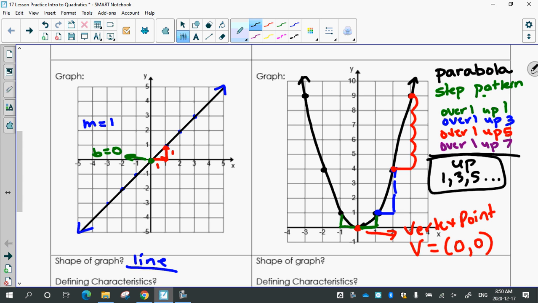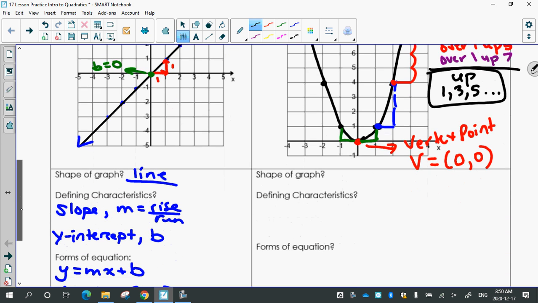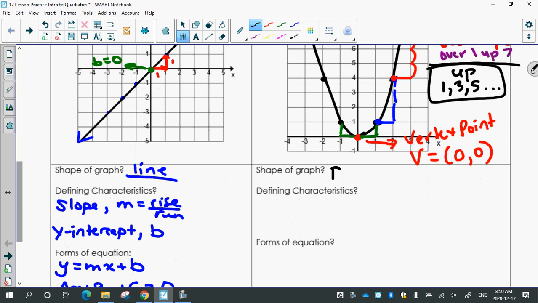So the shape of the graph, let's fill that in down here. We've got a parabola. Defining characteristics: a vertex, which will be some point (x, y), and a step pattern.